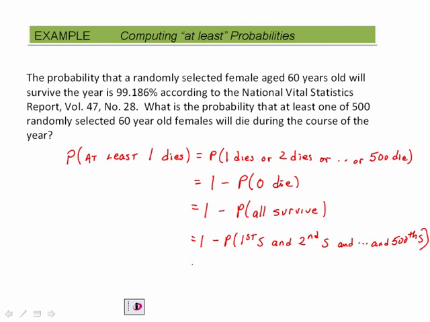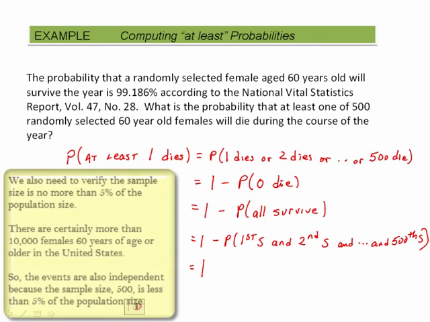In order to use the multiplication rule, we need to verify that these events are in fact independent. Is it reasonable to presume that these events are independent? In other words, does the survival of one of the women have anything to do with the survival of the others? No, it does not. How do we know this? Because they're randomly selected. They're not linked in any way.